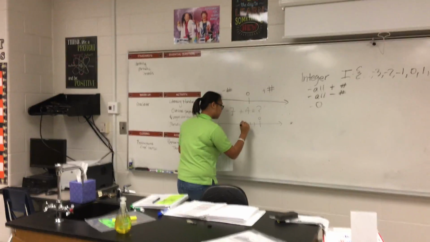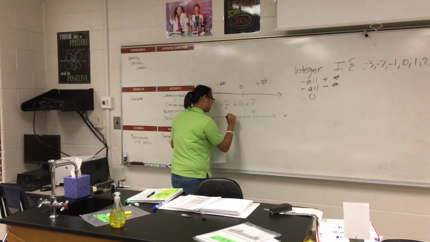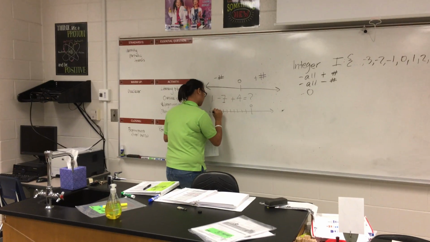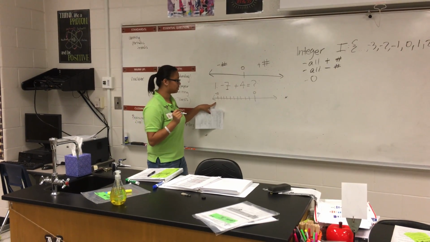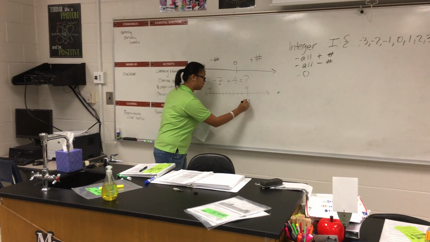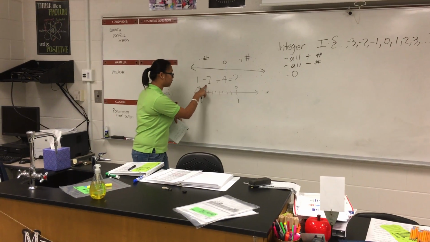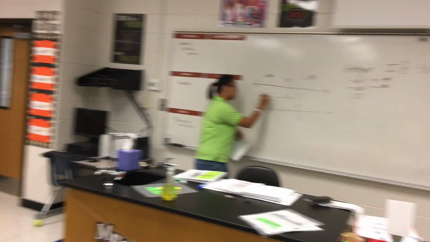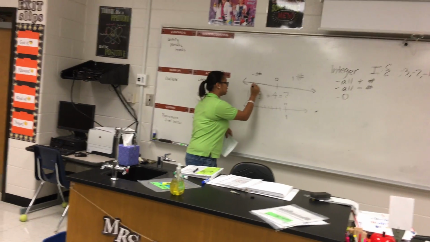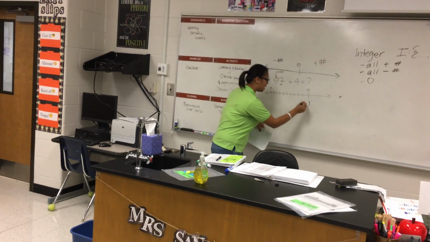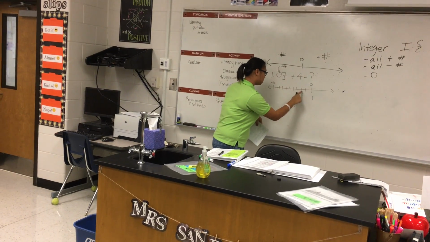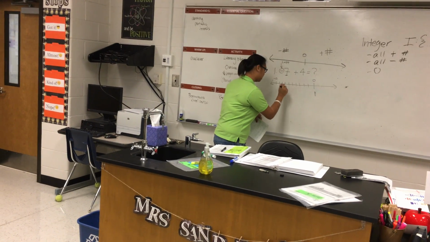So let's do our number line. 1, 2, 3, 4, 5, 6, 7. This is the negative side. So we start from here, and we're going to go 7 spots to the left because it's negative. When you see a negative sign, I want you to think left. So now 1, 2, 3, 4, 5, 6, 7.